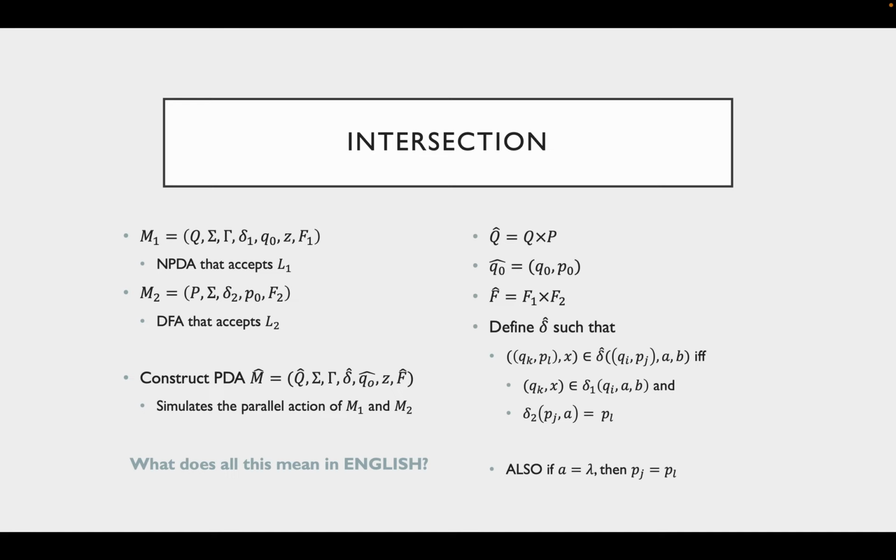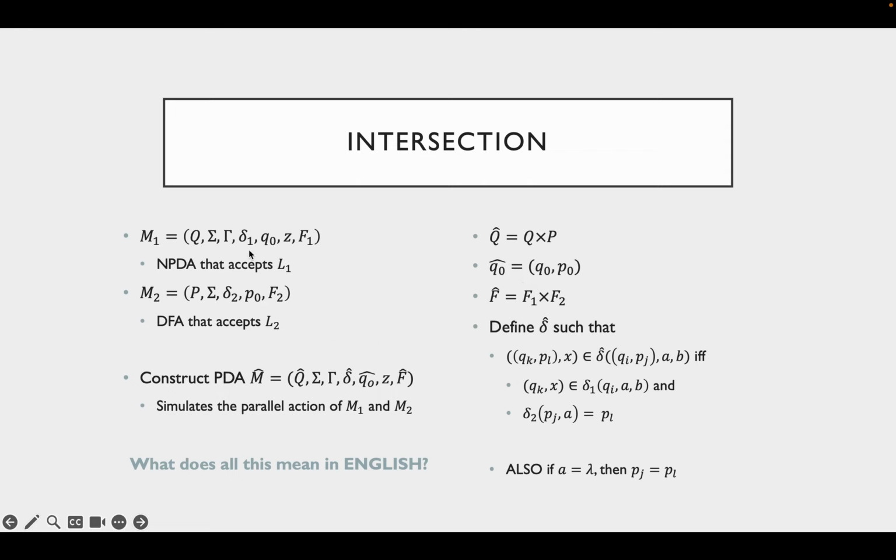Take some time and think about this because there's a lot of mumbo jumbo going on here. But what's really happening is we're creating a hybrid machine. M hat is a hybrid machine where M1 and M2 are basically baked in. But instead of just transitioning from one state to the next, we're keeping track of parallel processing in M1 and M2. So if we had an initial state Q0, P0 for M1 and M2, now we have our Q0 hat, which includes both of those.